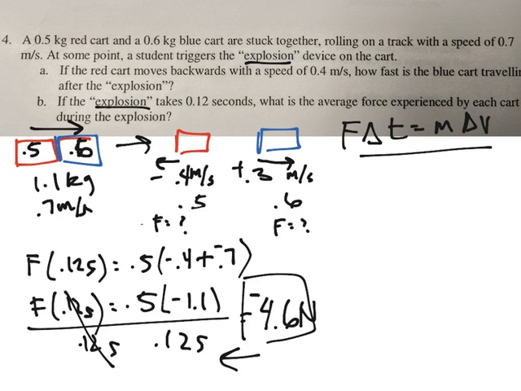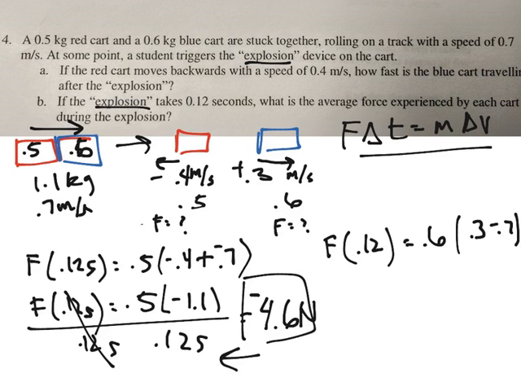Then we do the same thing with the blue. So its force times that same time, 0.12, is equal to our mass of 0.6, and then our change in velocity. Remember, it was going 0.3 at the final, and then it was going 0.7.